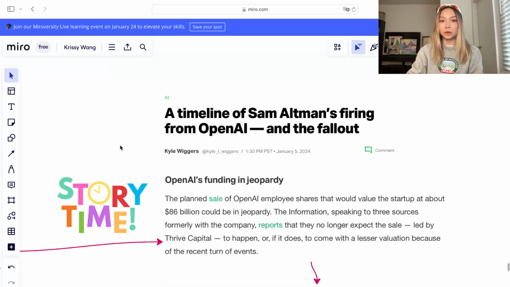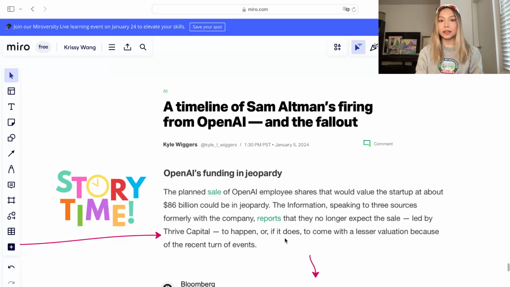While all this drama was happening at OpenAI in terms of who's going to be the CEO, is Sam going to come back, are the engineers going to quit, there was already a planned sale of OpenAI employee shares that would value the startup at about 86 billion, so let's just say 90 billion for easy memory, that could be in jeopardy because of the turmoil with management leadership, right? And people were panicking.